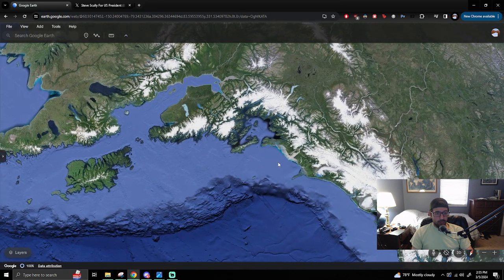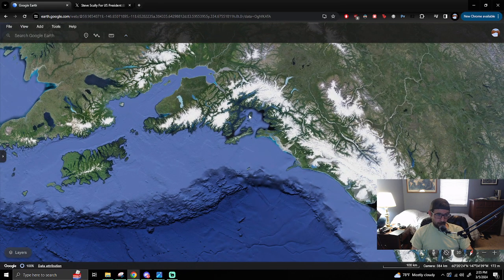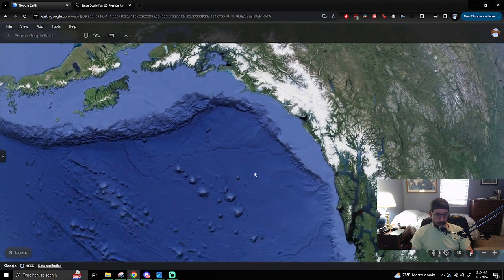So the idea is there's a current flow generally going into this location from the south.